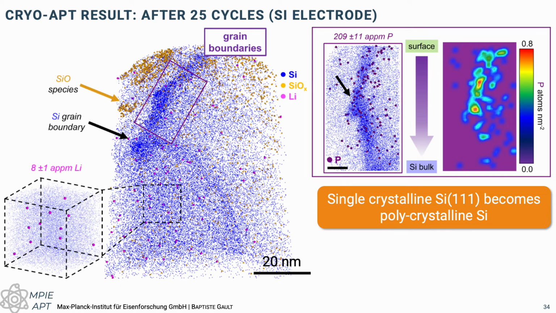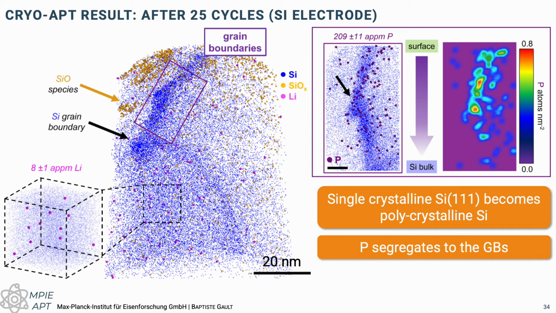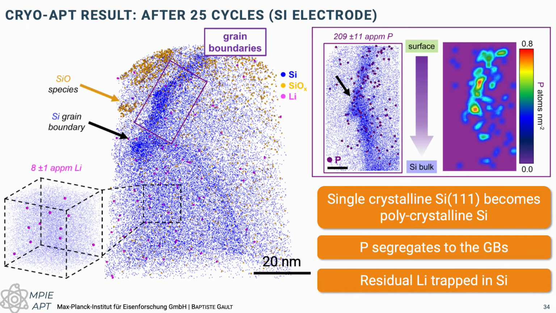Some of this was known, but we could really now measure very low levels of phosphorus at these grain boundaries, which would affect their mechanical resistance against further lithiation and delithiation. And there's also some lithium that remained trapped inside of the silicon, which might also affect the pickup of lithium afterwards. So many interesting results, many questions still to answer.